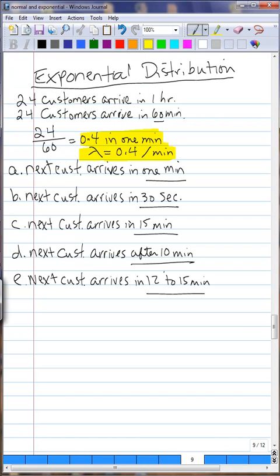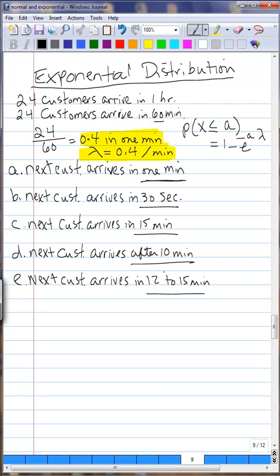Now we also know that your book says that the probability of x being less than or equal to a is equal to 1 minus e to the power of negative a times lambda. So a will vary from problem to problem.